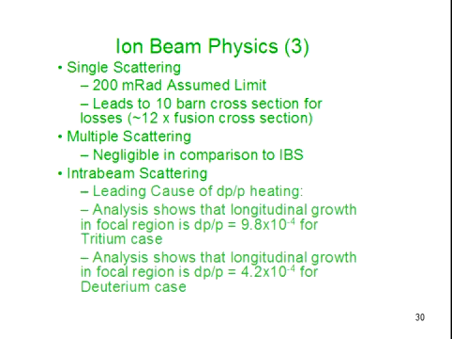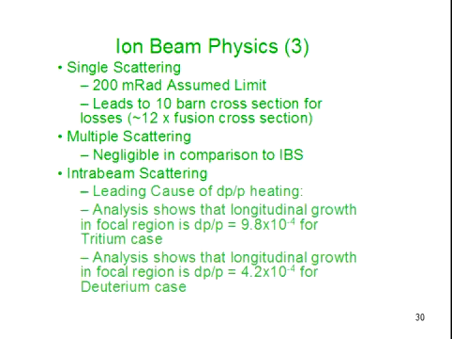Single scattering has been looked at, and in this case, it's been assumed that any particles that undergo single scattering at greater than 200 milliradians are lost from the system. This leads to about a 10-barn cross-section for those losses, which is about 12 times the fusion cross-section. Multiple scattering has been looked at, but it was determined to be negligible in comparison to the intrabeam scattering.